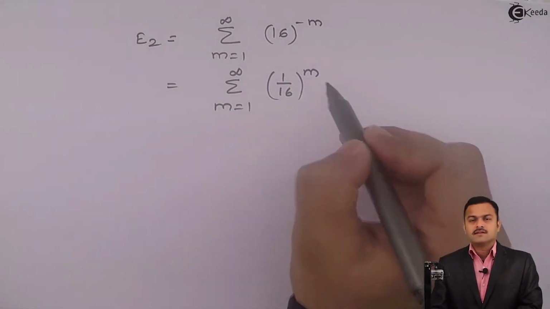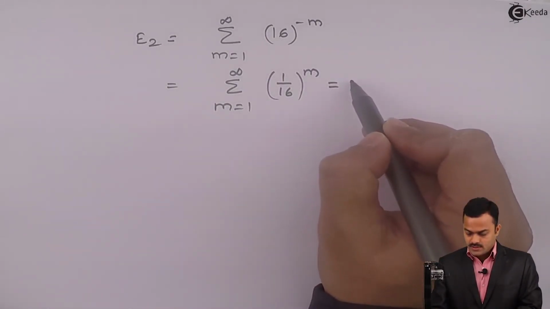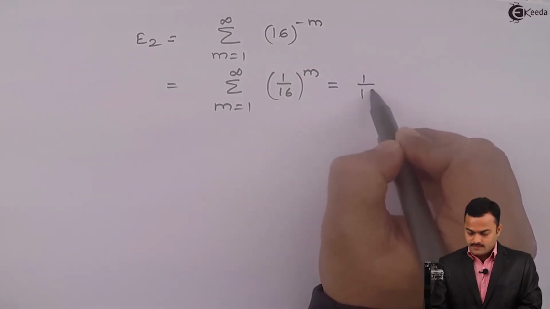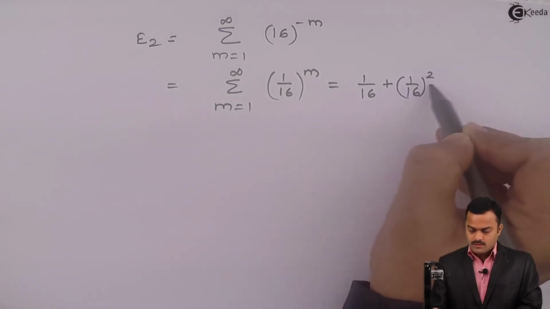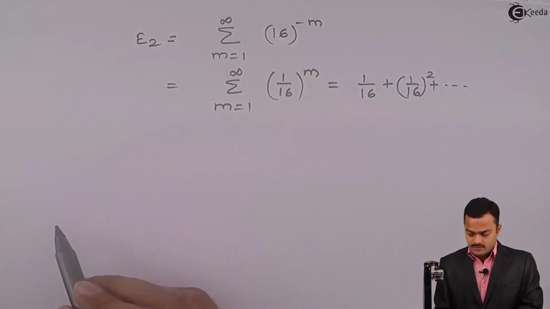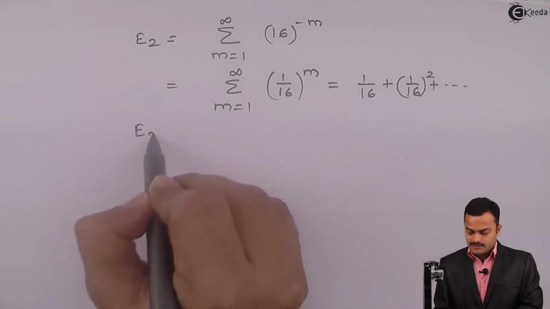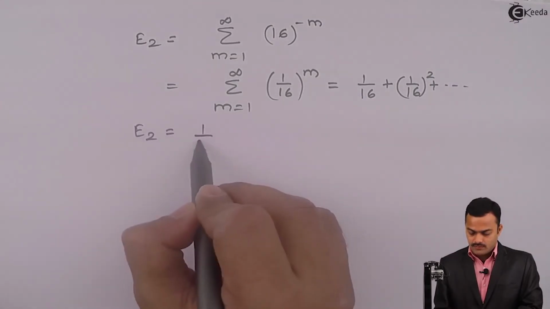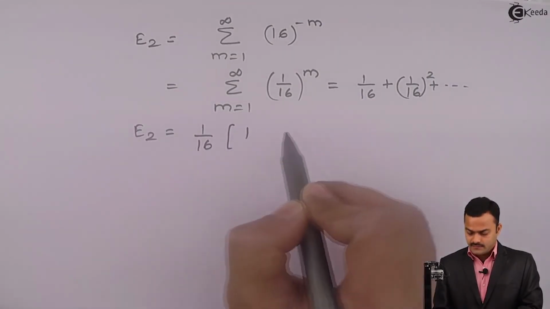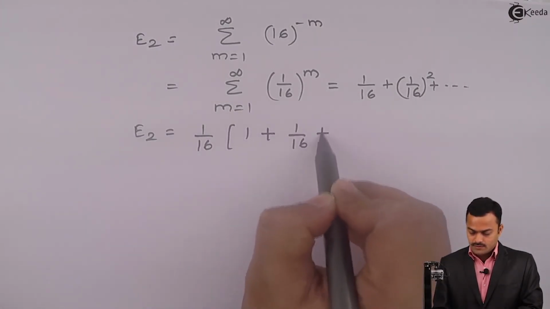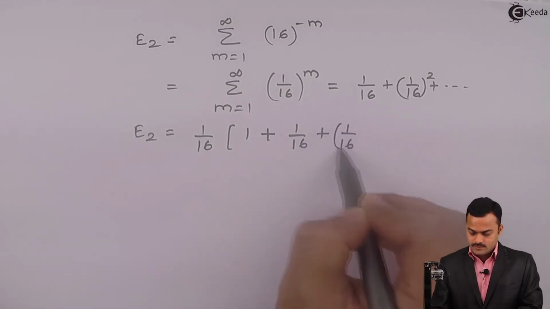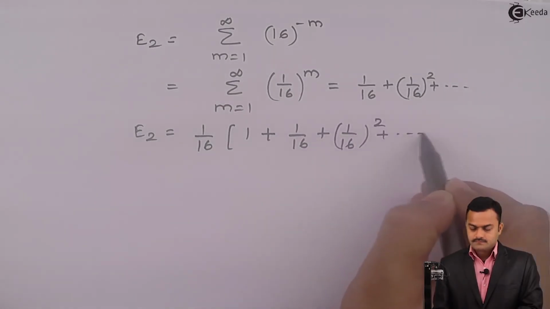So this is also a sequence: 1 by 16 plus (1 by 16) square, and so on. I will take 1 by 16 common, and in the bracket I get the sequence 1 plus 1 by 16 plus (1 by 16) square, and so on.